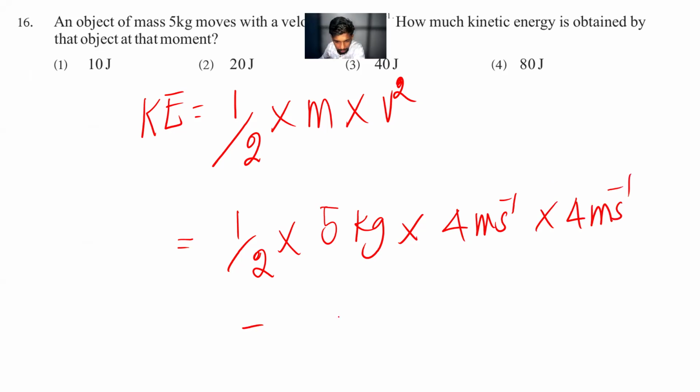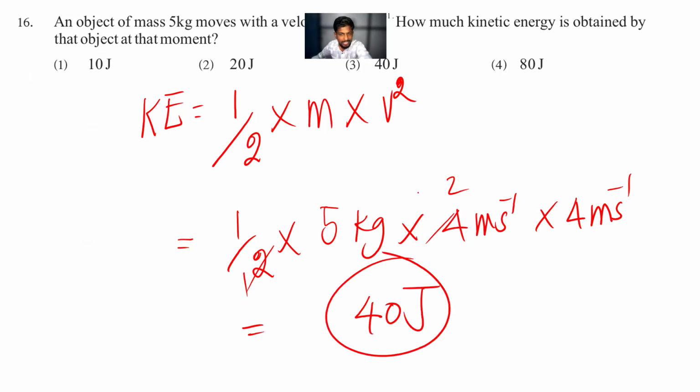So the answer will be, 4 here will be cut by 2 and 2, so 4 into 2, 40. Unit will be in joule. So this is the equation for the kinetic energy: half into m into v squared, and you know the mass and you know the velocity. So in this question, we have learned the equation for the kinetic energy.